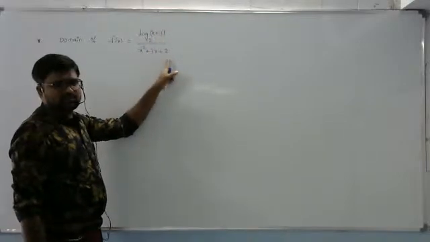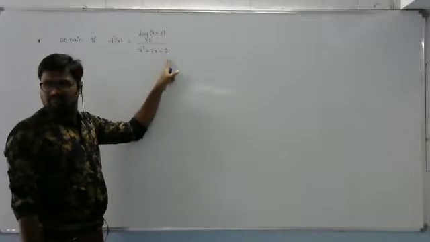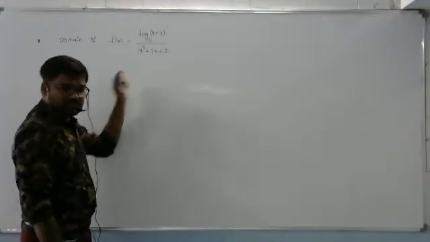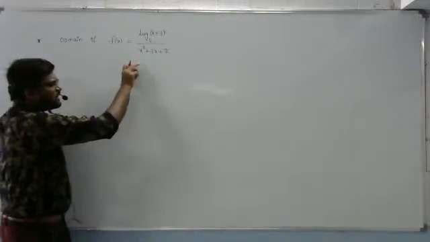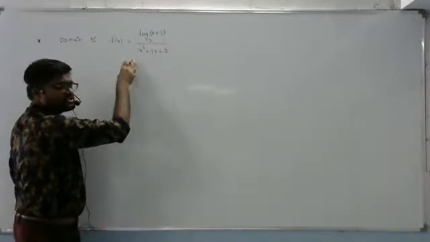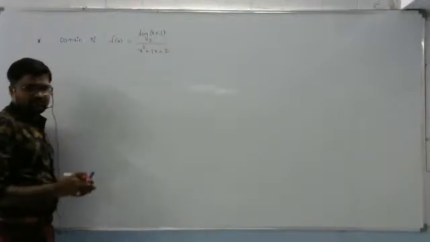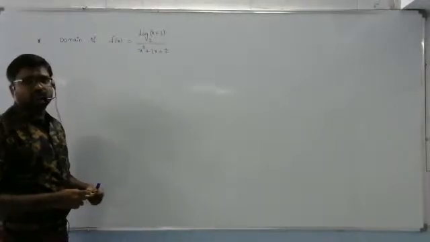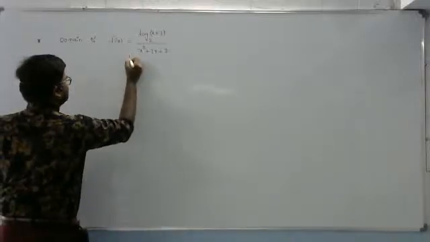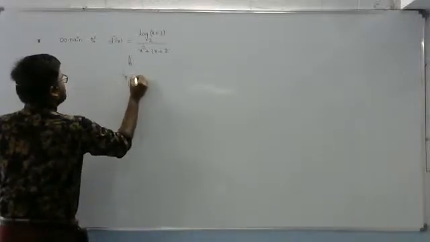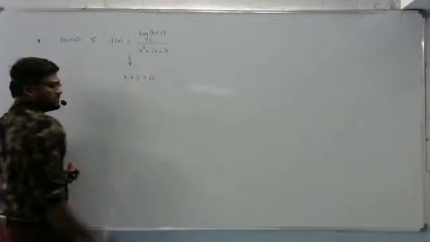X square plus 3x plus 2 is defined for all real numbers. There is no square root, nothing, but it should not be equal to 0. I already told you, you have to look at every corner where the function is defined or undefined while evaluating the domain of the function. Understood? So can you tell me the first restriction here? Definitely logarithm is defined only for positive numbers.